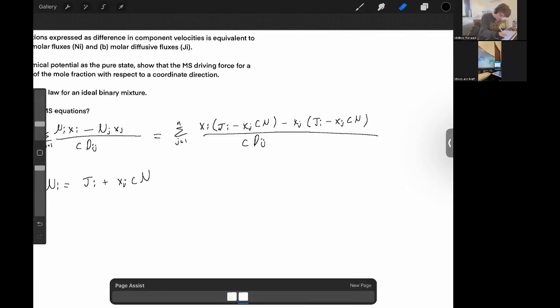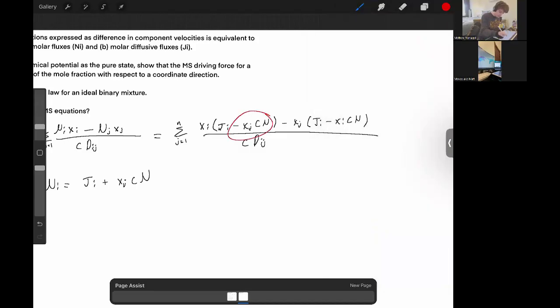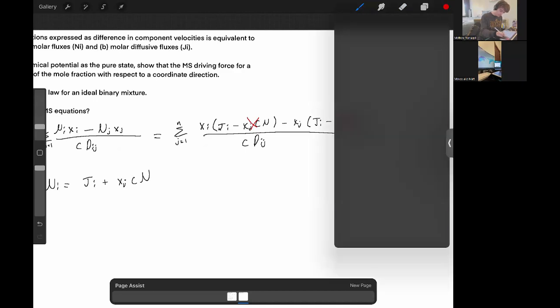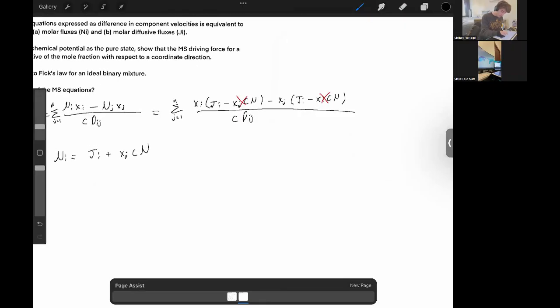And when we do this, you'll notice that we have like terms that we can cancel out immediately. We have the concentration gradients of each component, which actually cancel out in this case, so we can go ahead and remove them. And when we do that, we can now get our Stefan-Maxwell equation.